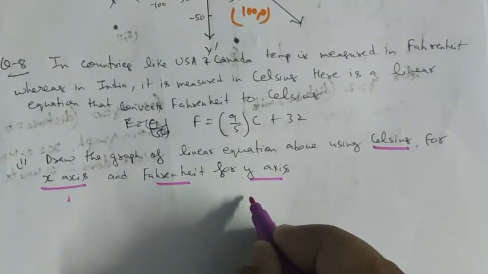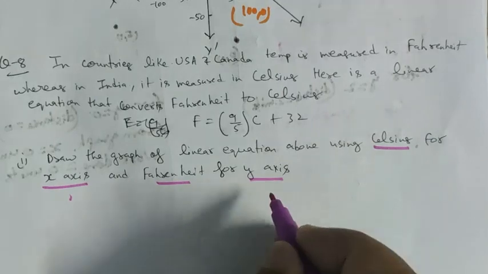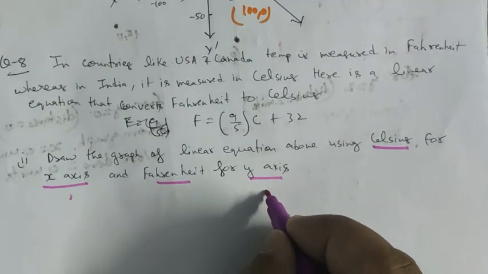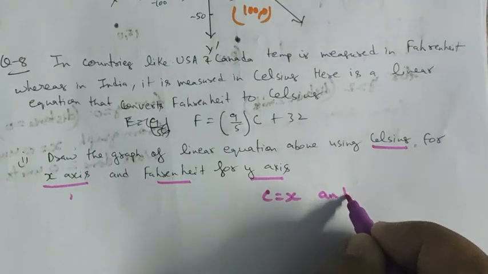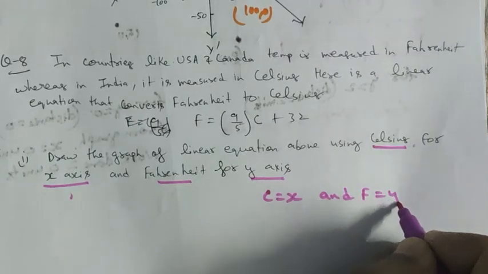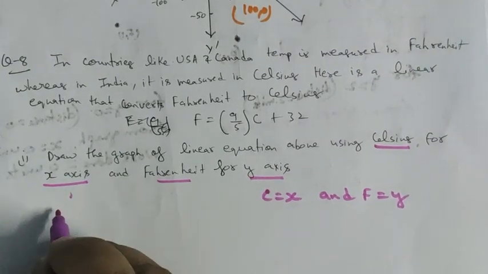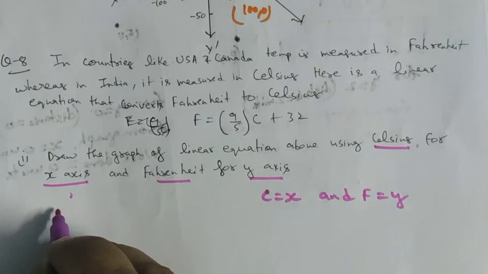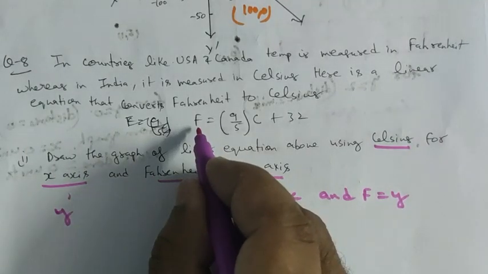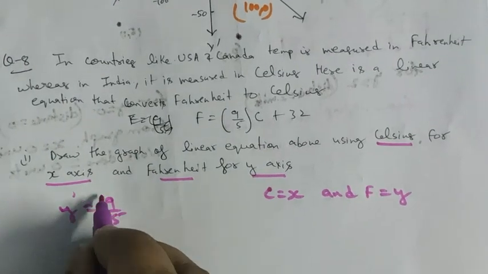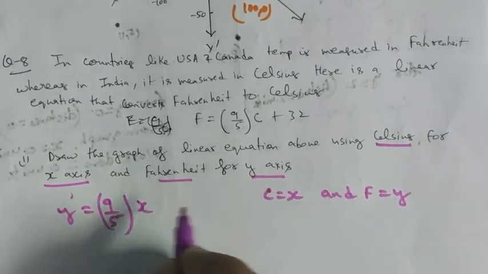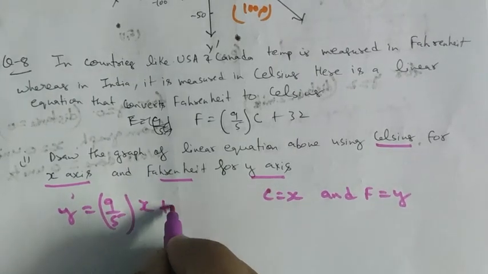Since Celsius is for the x-axis, substitute C equals x and substitute Fahrenheit F equals y. So our equation becomes, in place of Fahrenheit, F can be written as y. Y is equal to 9 upon 5 times x, because C is equal to x, plus 32.